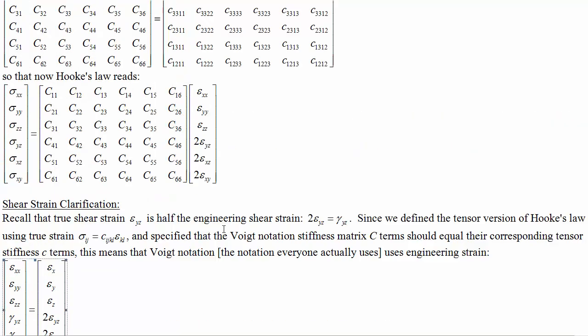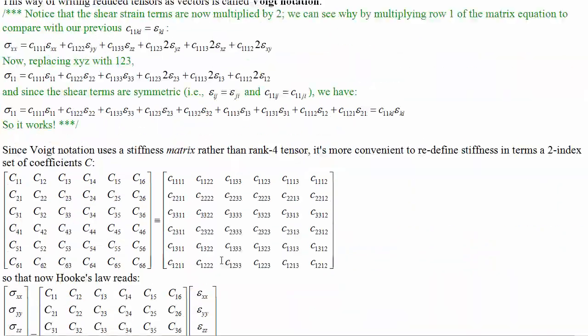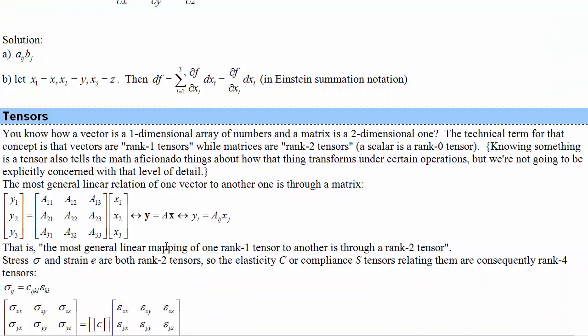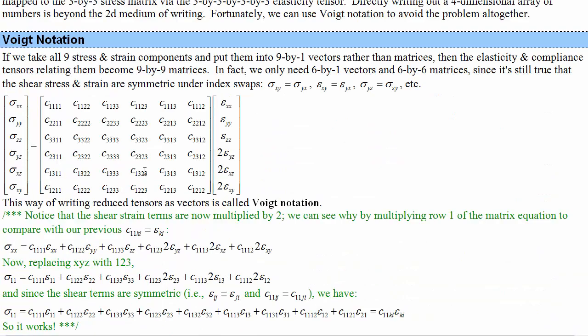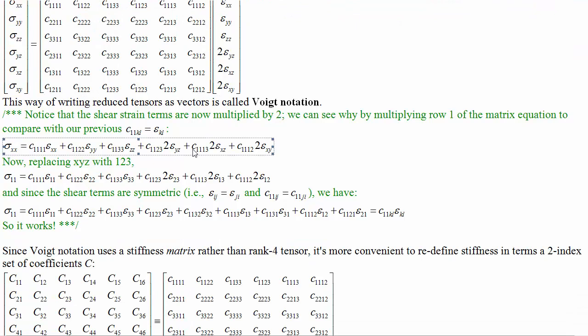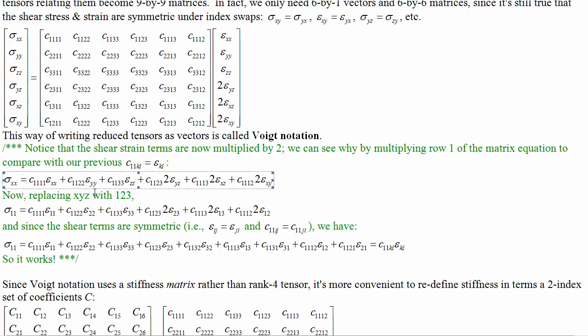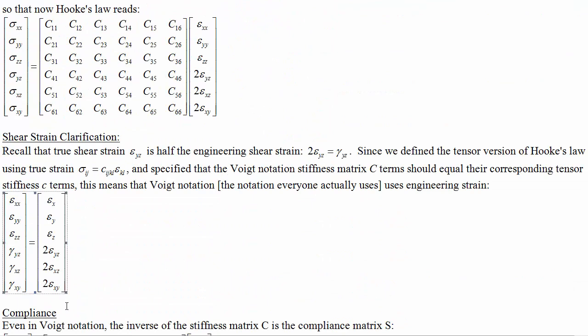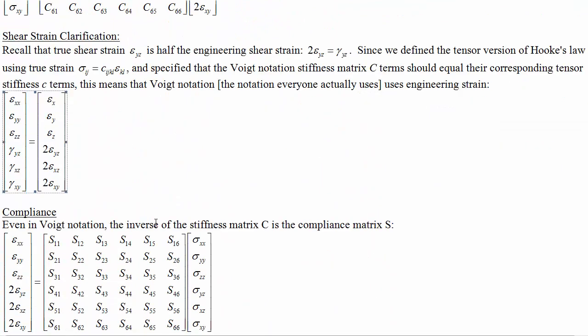Because we used true shear strain in the tensor definition, because of the dropping of the subscripts and this doubling that needs to show up to have the equation work out the same as before, the Voigt notation has to use engineering shear strain.